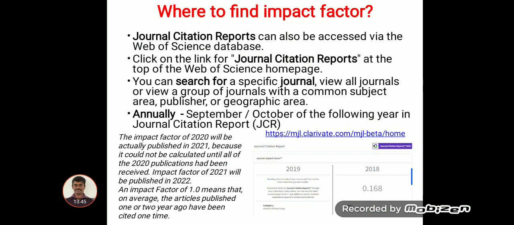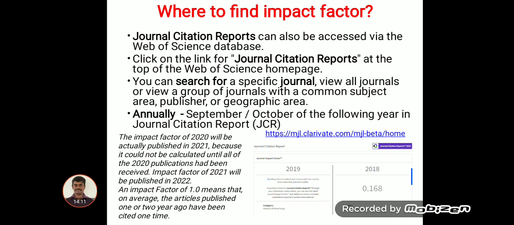Where to find this impact factor? The Journal Citation Reports can be accessed via the Web of Science database. What you have to do is click Journal Citation Reports at the top of the Web of Science homepage, and you can search for a specific journal, view all journals or view a group of journals with a common subject area, publisher or geographic area.